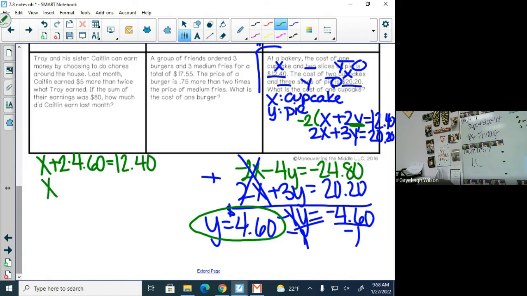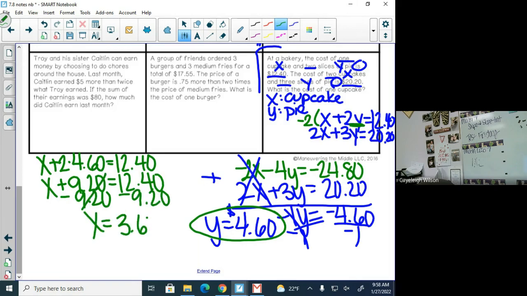So that's 2 times 460, so that's 920 equals 1240. Subtract the 920. And I get that cupcakes are $3.20.